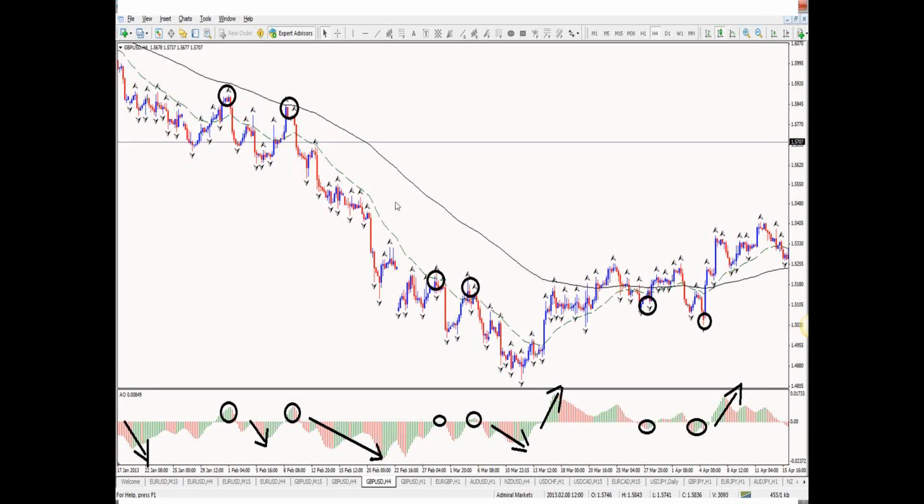This is a combination of the pound down and up move of recently, this year, February, March, April. And if it's a very strong trend, you will maybe only get a few setups in that entire trend because the oscillator just keeps on moving down and down in the downtrend or up and up and up in an uptrend.